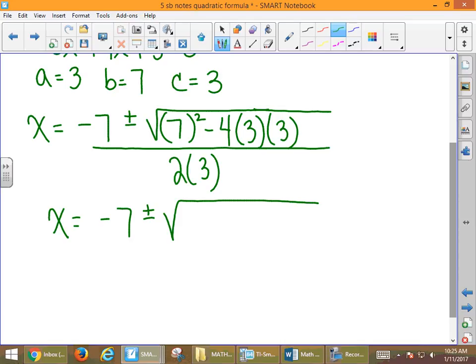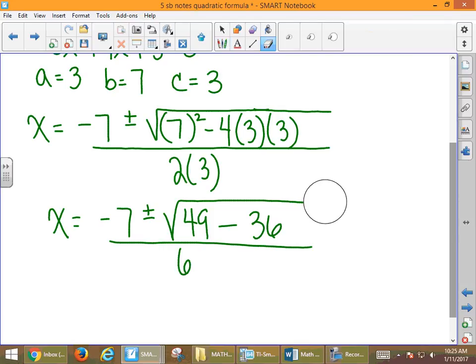Again, if you have to type it in, you have to type it in. 7 squared means 7 times 7, which is 49. 4 times 3 is 12, times 3 is 36. And 2 times 3 is 6.